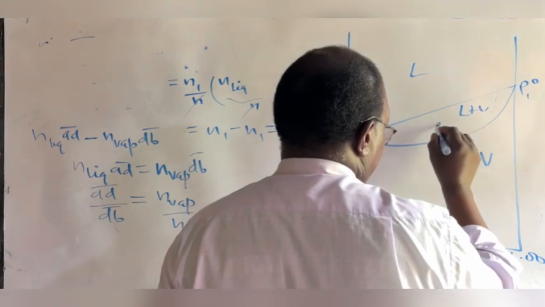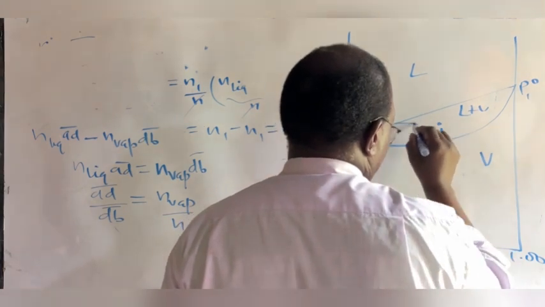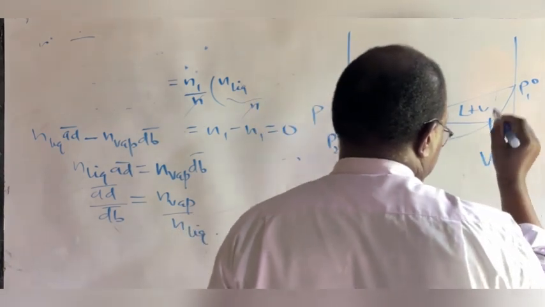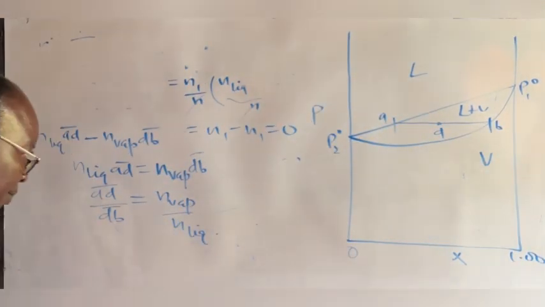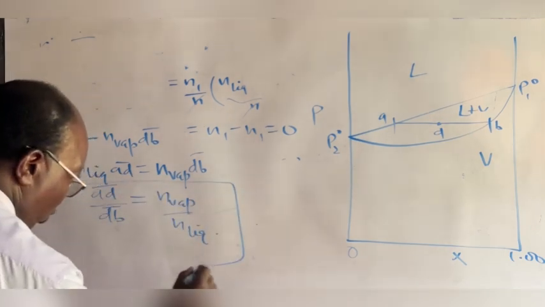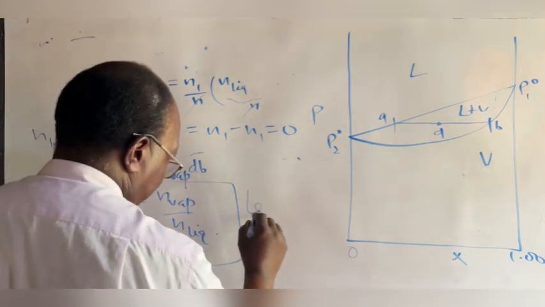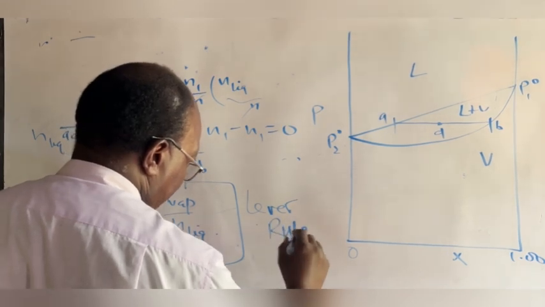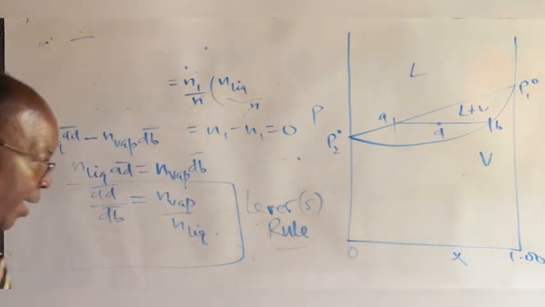State point was D. Segment to say was A, D, B. Now, look at this. This is called the lever's rule. This is the lever rule. I'll call it lever's rule or lever rule.